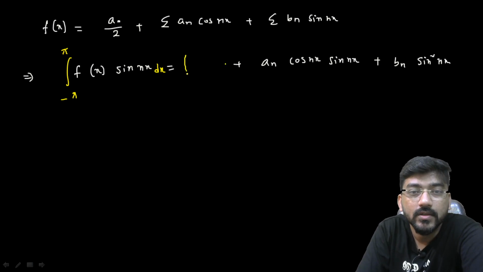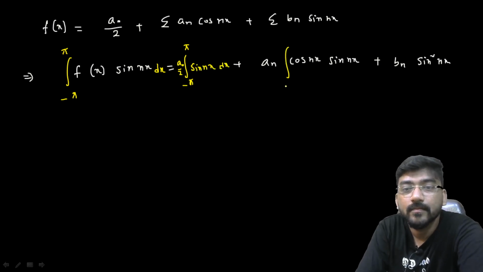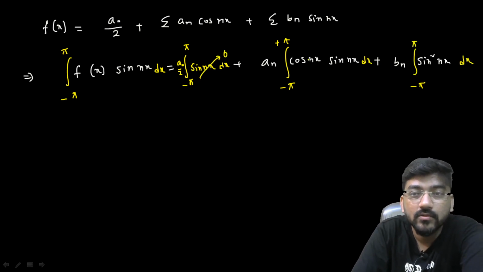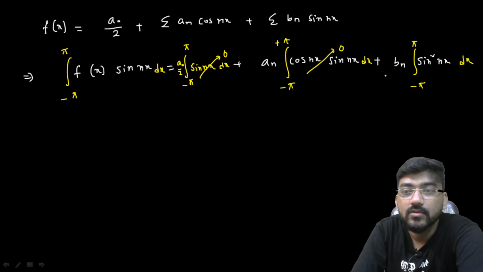So it will be integration a0 by 2 integration minus pi to plus pi sin nx dx. This will also be minus pi to plus pi cos nx sin nx dx, and this will also be minus pi to plus pi sin square nx dx. Now again this integral will be 0, this integral will be 0, so the only surviving integral will be this.